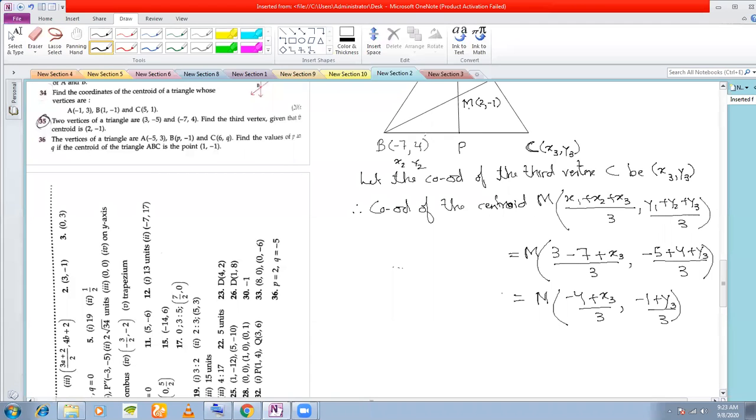But the coordinates of the centroid M are given to be 2, -1. So this must be equal to 2, -1.